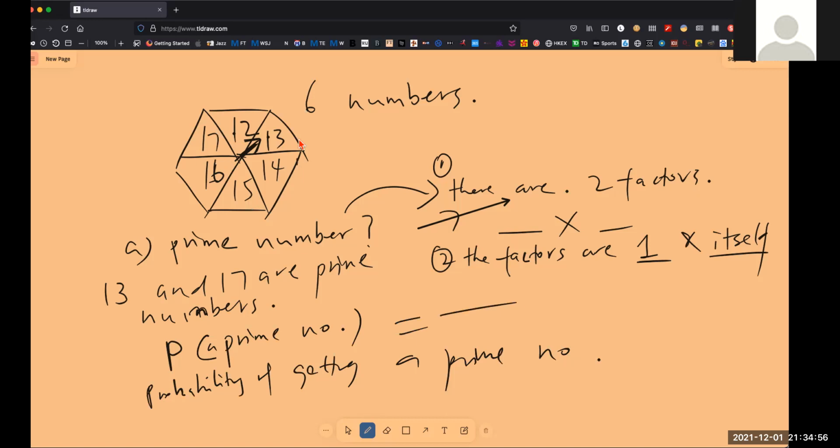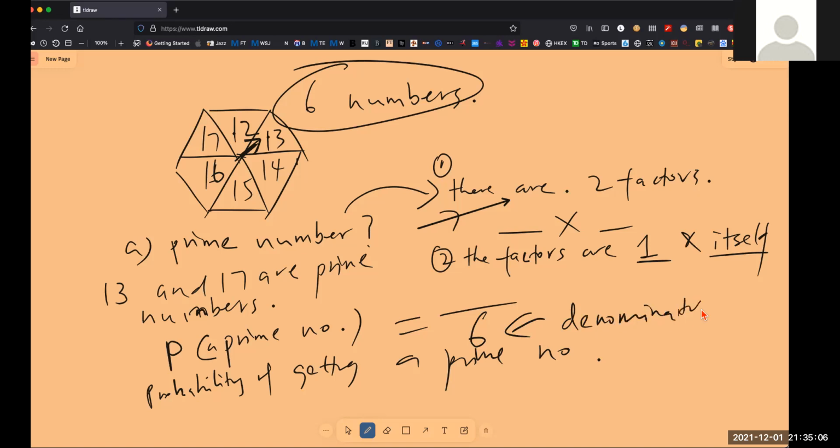How many numbers are here? 6 of them, right? Okay, so you always put the 6 as the denominator. And then how many prime numbers do you have out of the 6? 13 and 17, right?